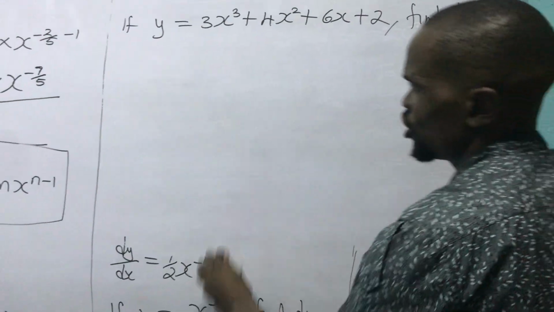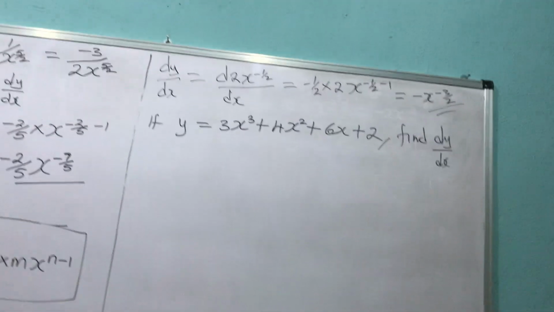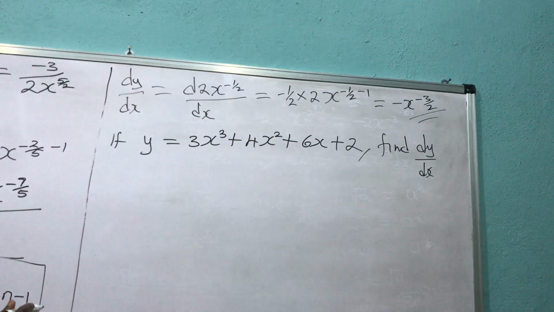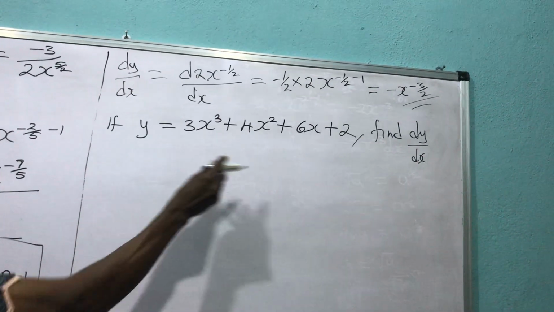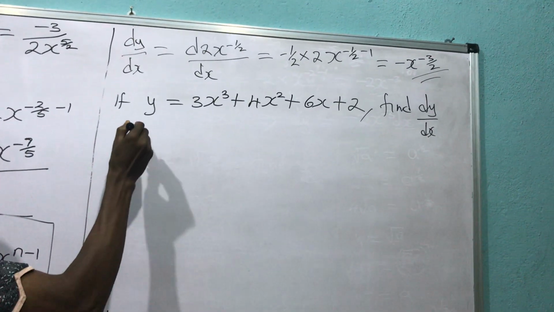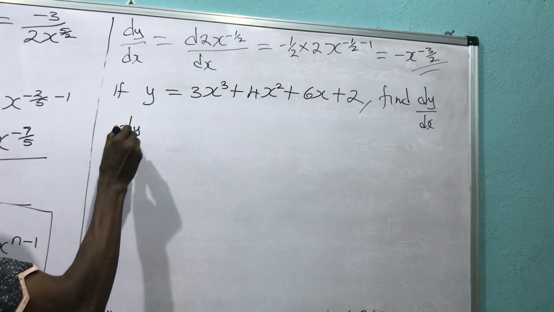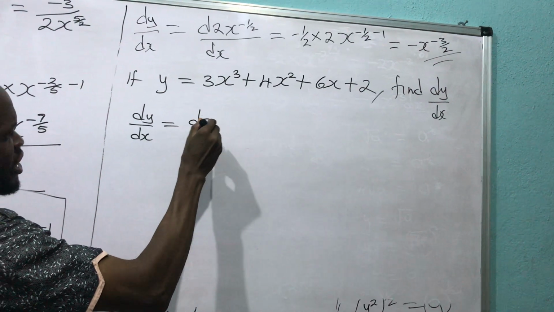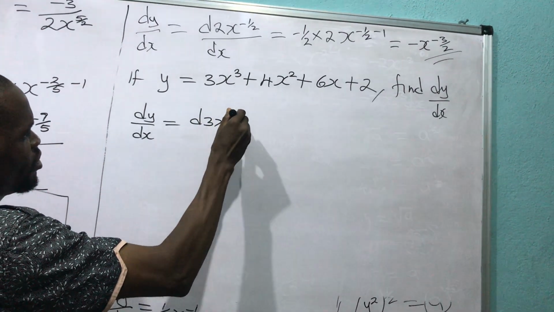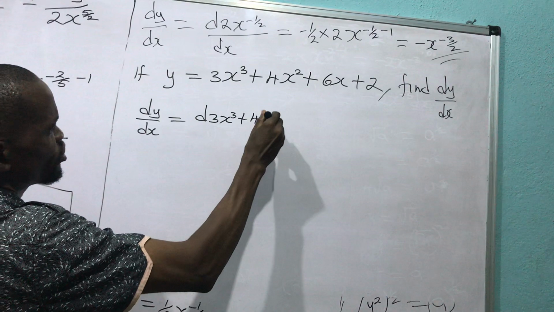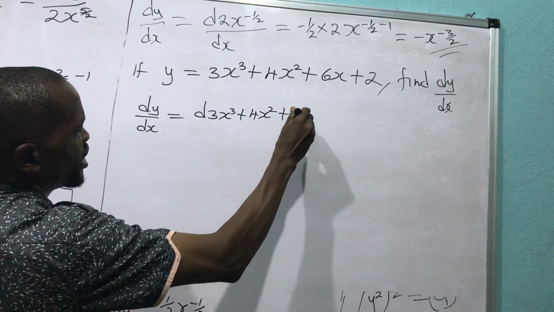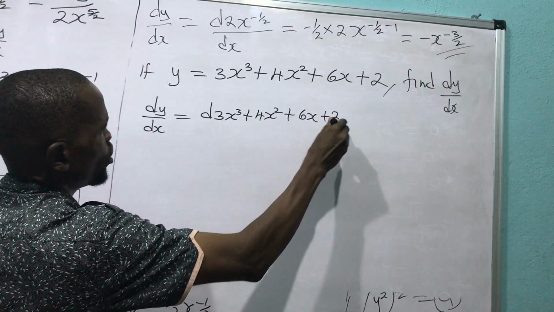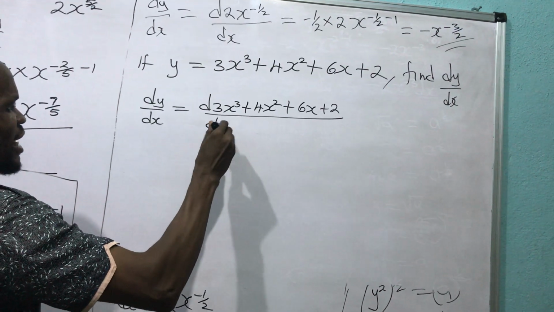Right now, we have known how to differentiate. What do we mean by differentiation? We have known a little of what we mean by differentiation. Then we are asked to find dy dx. We say that dy dx simply means d of 3x raised to the power 3 plus 4x raised to the power 2 plus 6x plus 2 all over dx.